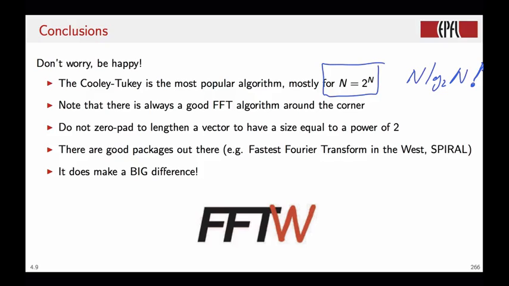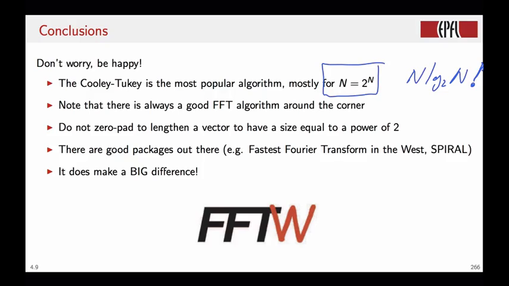It's not going to be the simple divide and conquer in pieces which are half pieces of the initial problem, etc. But there are algorithms for every possible length, even lengths which are prime, even lengths which are the product of different primes, etc. So when you compute an FFT, you should never zero pad a vector so as to get a length that is a power of 2.